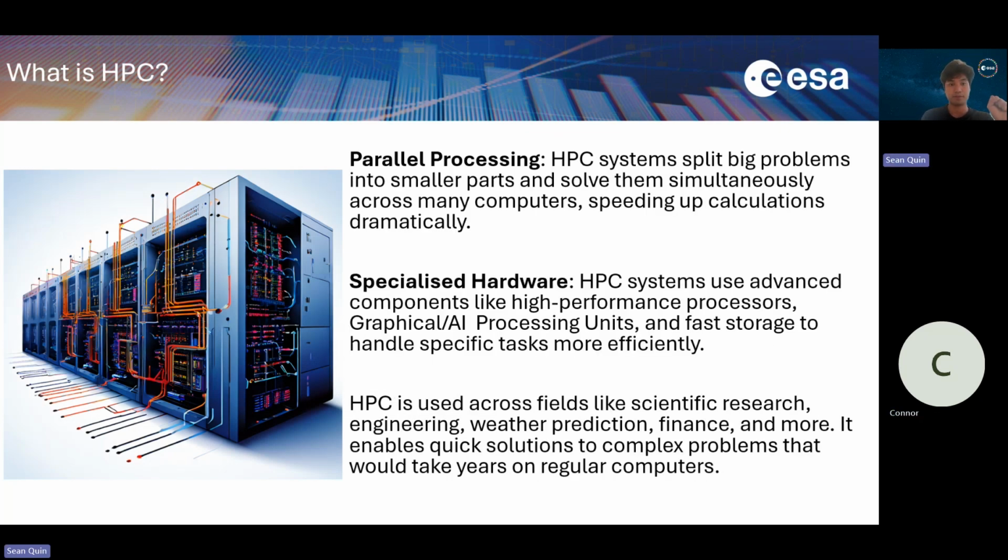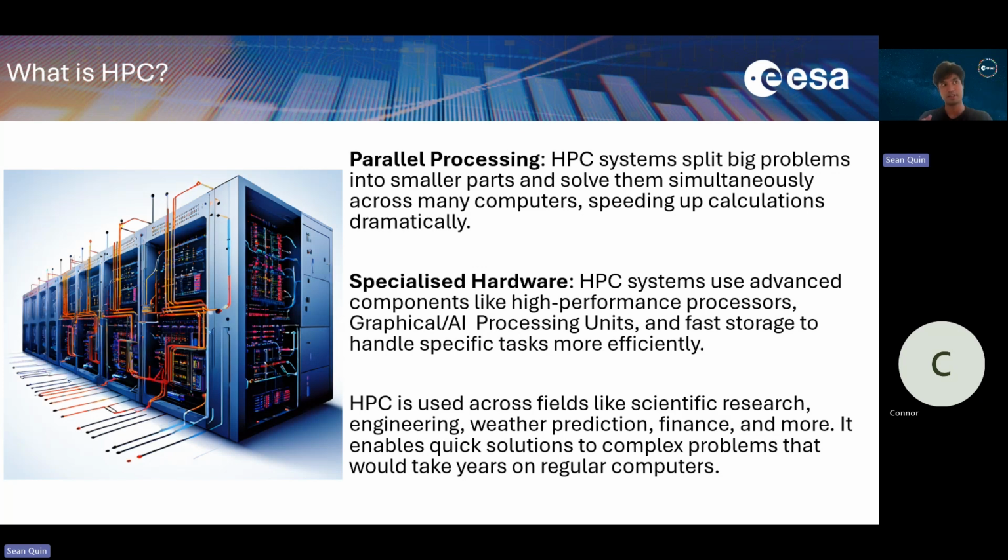This is achieved through parallel processing, which is essentially the splitting of these big tasks into smaller parts that are solved simultaneously across these computers, speeding up the process of calculations dramatically. And then you have more specialized hardware. HPC systems use your day-to-day components like CPUs and GPUs, but at a much larger scale. For example, my computer would have 36 cores on its CPU.